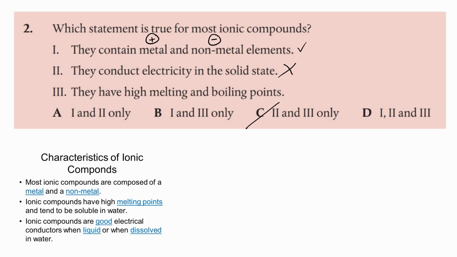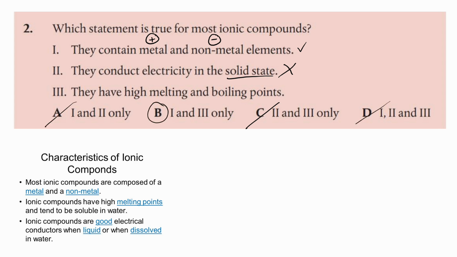So you'll either see it saying a molten state, or aqueous, or dissolved in water. When an ionic compound is molten or dissolved in water, it can conduct electricity, but in the solid state, it cannot. So 2 would not be correct, which cancels out A and D.